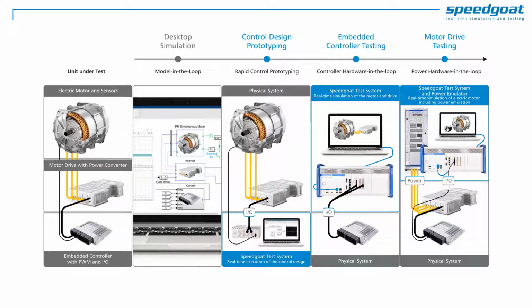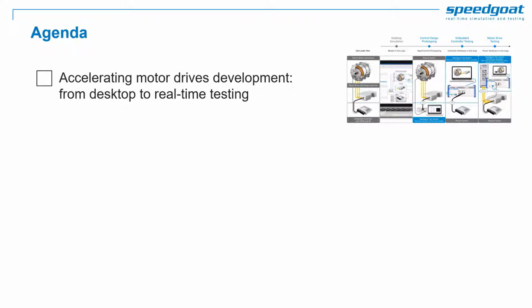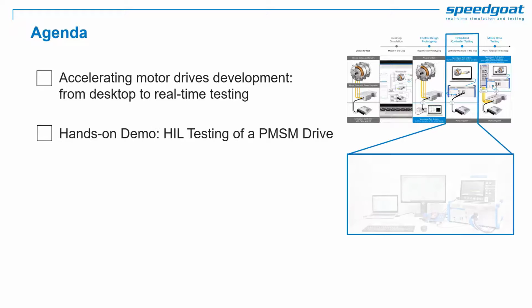Before we dive deeper into testing workflows, let's look into the agenda of today's webinar. I will first introduce the general background around real-time simulations for motor controls. Then I will focus on our demo, testing an embedded controller driving a virtual permanent magnet motor using Simulink and SpeedGoat tools.